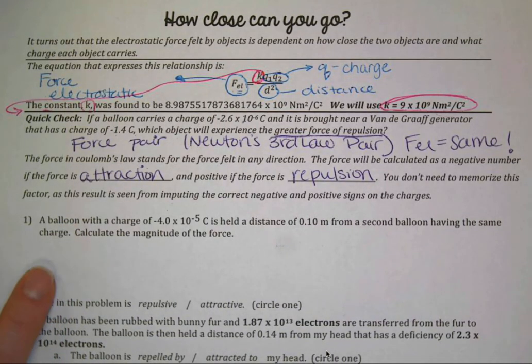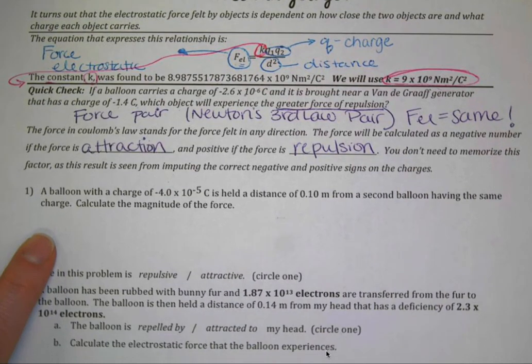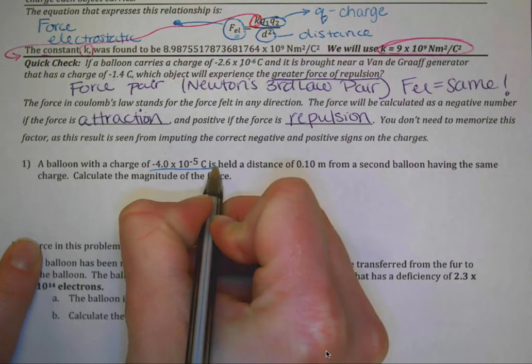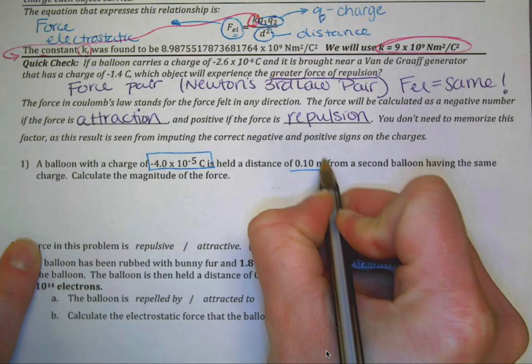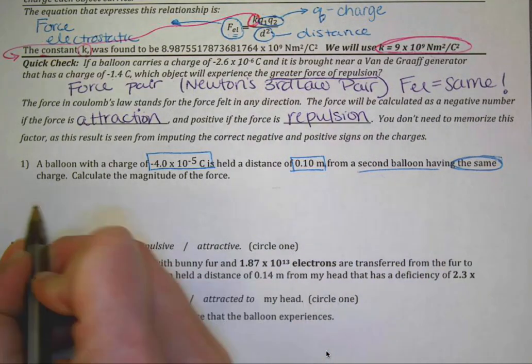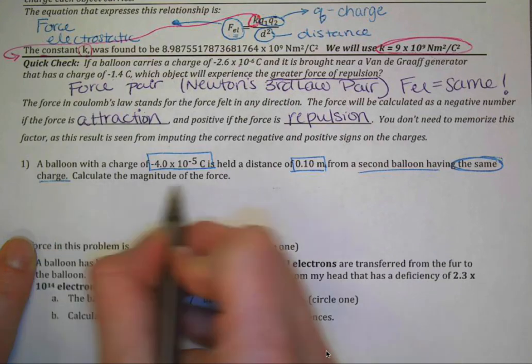Using this equation isn't much different than things we've done in the past. So the first question says, a balloon with a charge of negative 4.0 times 10 to the negative 5th coulombs is held a distance of 0.1 meters from a second balloon having the same charge. Calculate the magnitude of force.